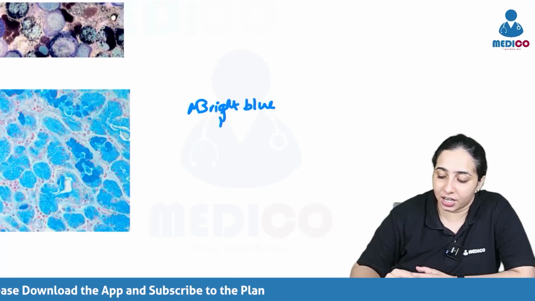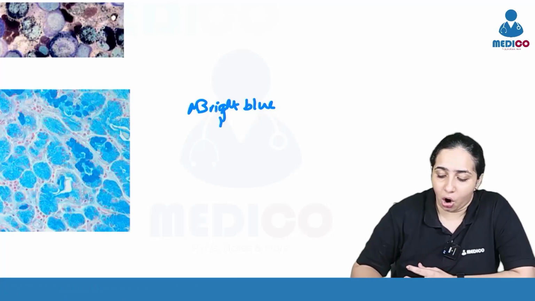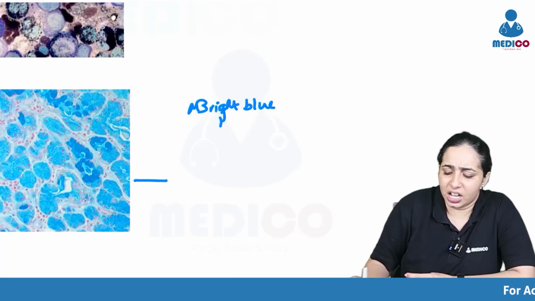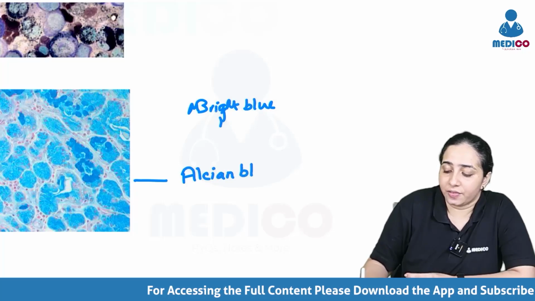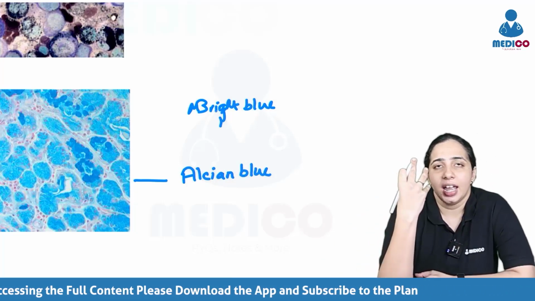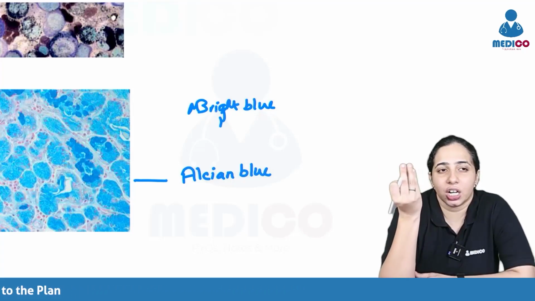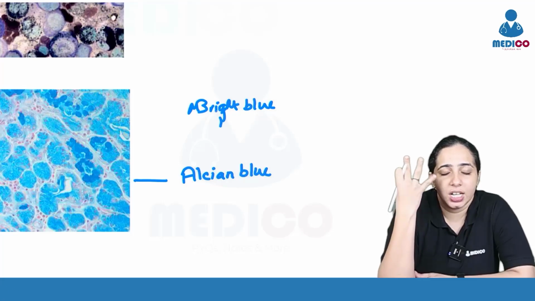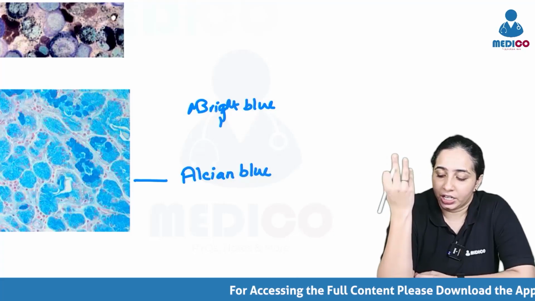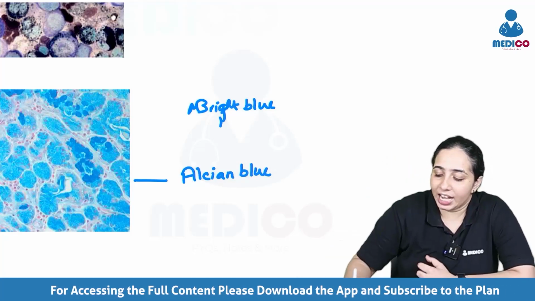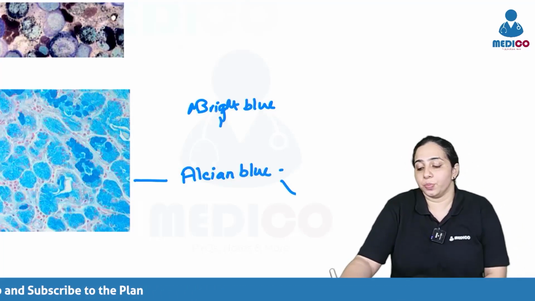But now that you're seeing a bright blue stain that has stained almost all of the structures, the chance of it being Alcian blue is more. Again, if the circumstance of the question is such that you are expecting a carbohydrate or a glycogen disorder or liver tissue or something which has glycogen, you have to think of Alcian blue. Now, this Alcian blue can be used for carbohydrate and also for mucin.